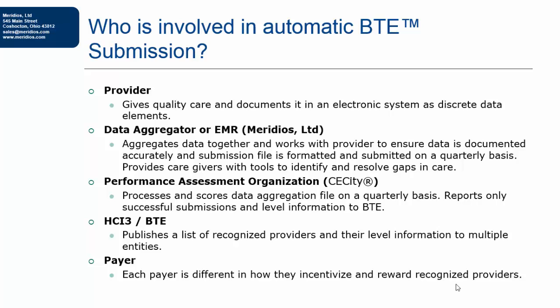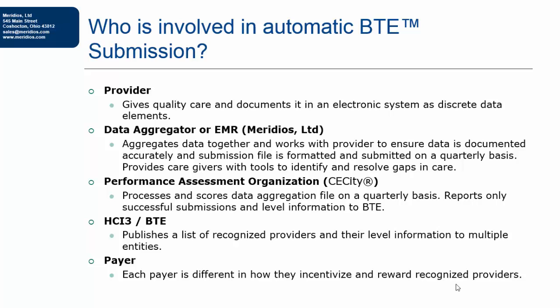Once the data aggregator has put this file together on a quarterly basis, they hand it off to the PAO, the Performance Assessment Organization. In this case, it's CE City. The PAO will process and score data aggregation files on a quarterly basis. They're only going to report successful submissions and their levels to BTE. That's an important point. If for one reason or another a provider does not successfully submit, the PAO is not sending their information on to HCI3 and BTE.